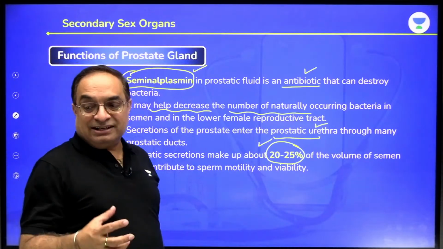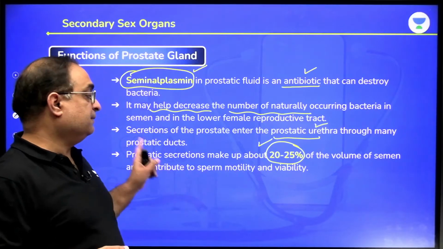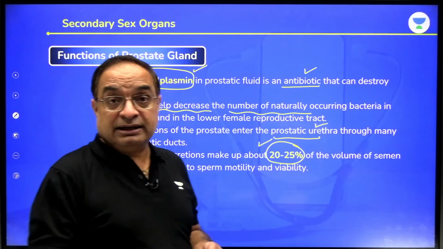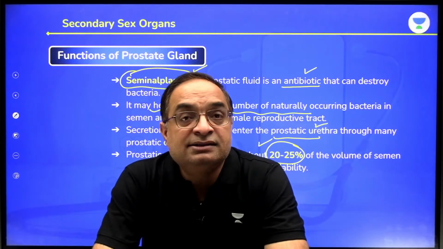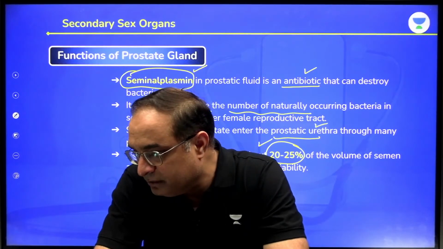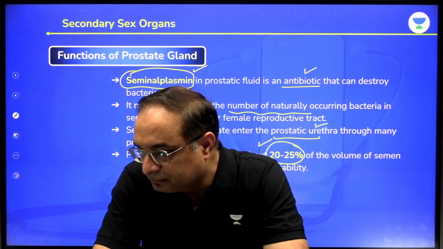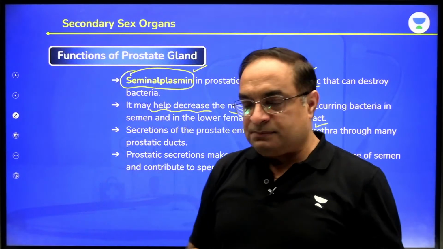So prostatic secretions contribute 20 to 25% to the total volume of semen. Sperm की motility के लिए है, sperm की viability के लिए है. Is that clear? Akshit has given me the right answer, seminal plasmin. I want all of you to give me the right answer. Tirath Raj, Ritik, Radhika, Arima, Ananya Sarkar, ekdam sahi.